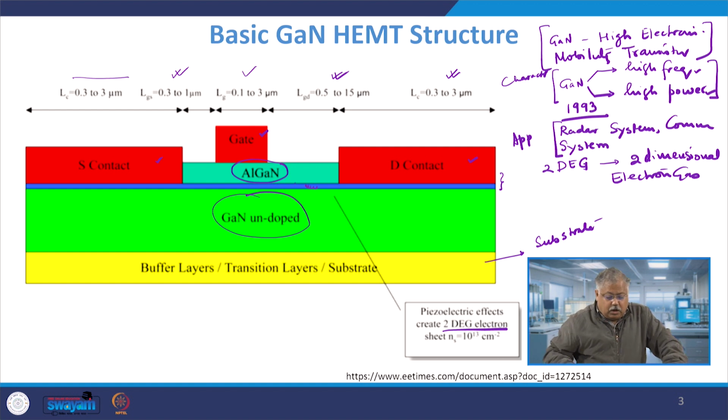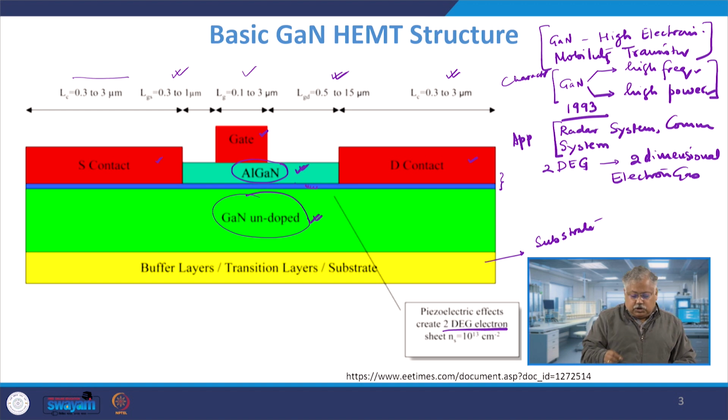Now, depending upon the molarity of aluminium gallium nitride and gallium nitride, which is basically undoped, I will be able to generate the width of the 2D electron gas. Typically, very small widths are maintained in there.